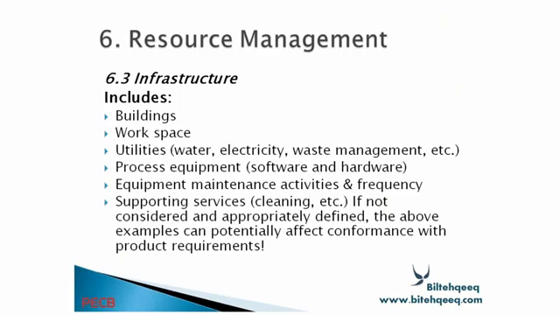It includes building, workspace, utility, water, electricity, waste management, etc., process equipment, software and hardware, equipment maintenance activities and frequency, supporting services, cleaning. If not considered and appropriately defined, the above examples can potentially affect conformance with product requirements. So you have to provide the infrastructure which is necessary to develop or produce a quality product.